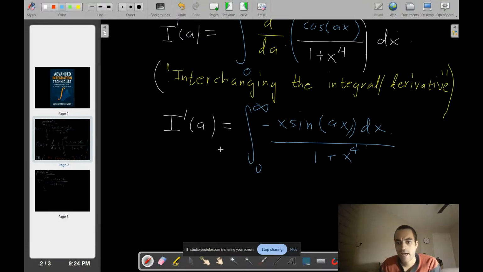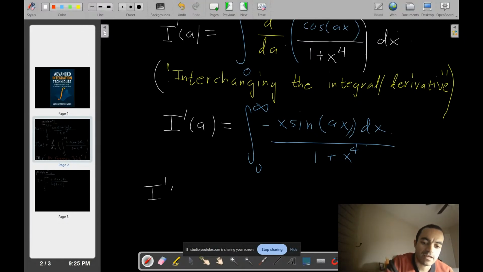Right, so this is what we have so far for our I prime of A, our derivative of the integral by the Feynman trick, otherwise known as part of the Leibniz rule, differentiating under the integral sign. All right, so now we've got this. I can move the negative in front, it makes it look better.